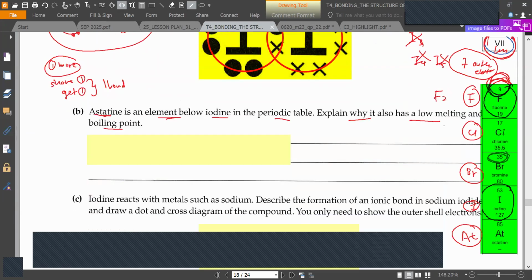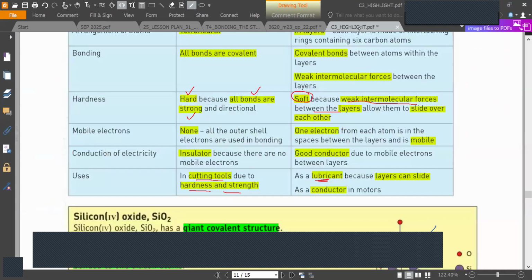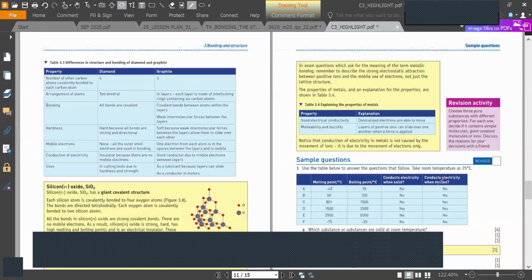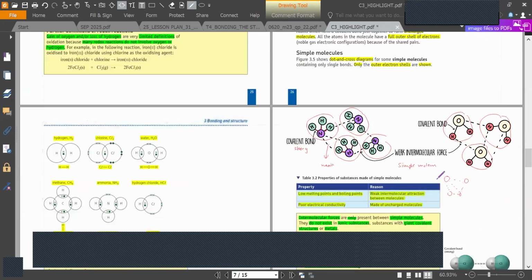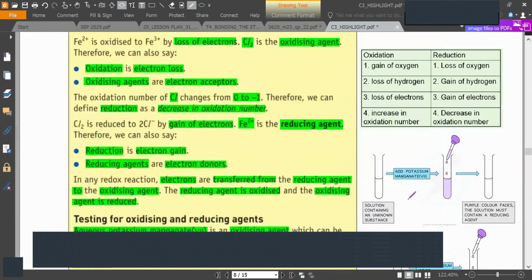So you will form F2, Cl2, Br2, I2, and At2. They all form diatomic molecules, so they are all simple covalent compounds. What's the characteristic of a simple covalent compound? Looking at our notes, simple covalent compound.